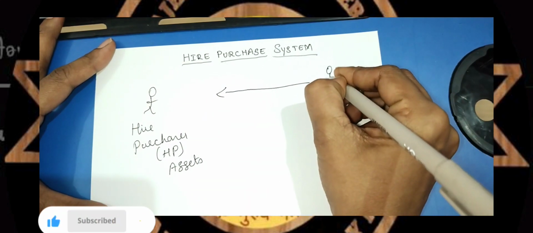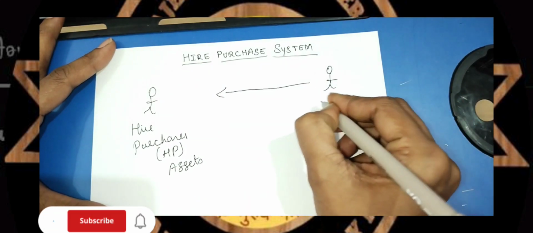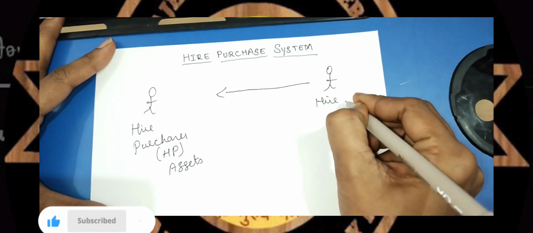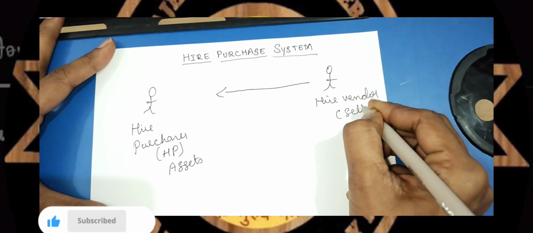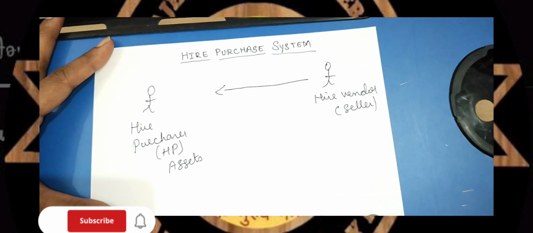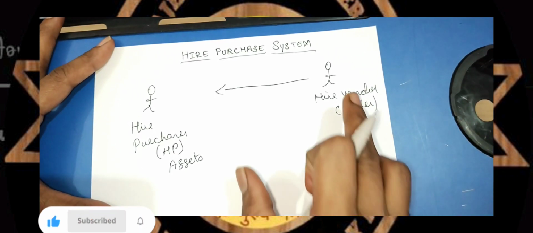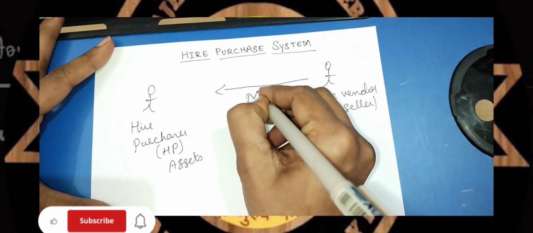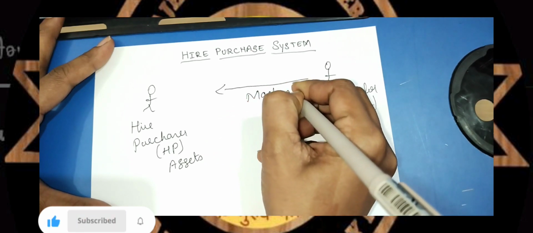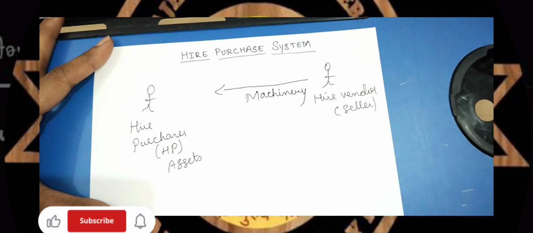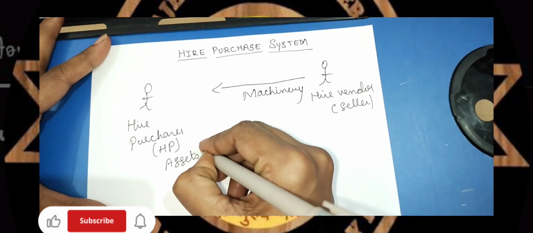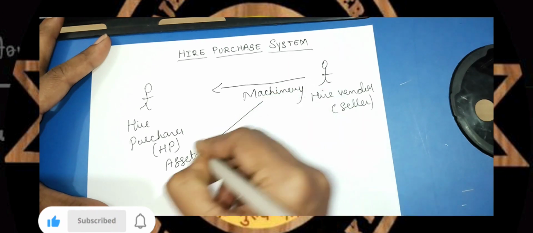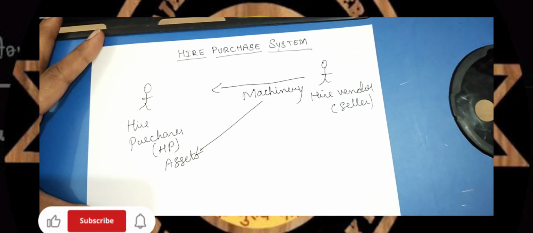The person who sells the asset is called the hire vendor, that is the seller, one who sells the goods, for example, a machinery. For the vendor it won't be an asset, but for the hire purchaser it will be an asset.